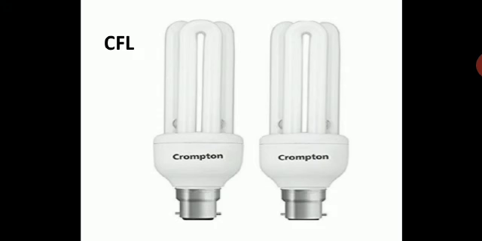This has replaced the regular bulbs which we talked about in the previous session, which have a thin filament and work on the heating effect of the electric current. Because the filament is very thin, it glows, and that glowing of the bulb gives light. But a major drawback of those regular bulbs is that they give out lots of heat, and the light which is given doesn't have a very wide range.